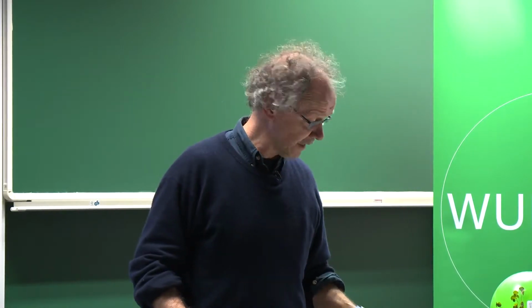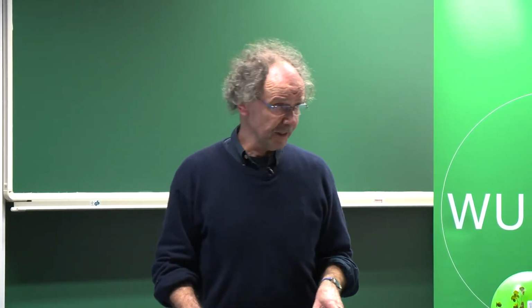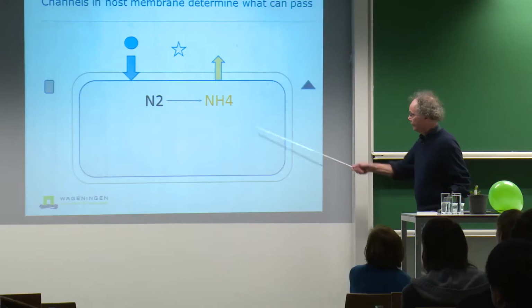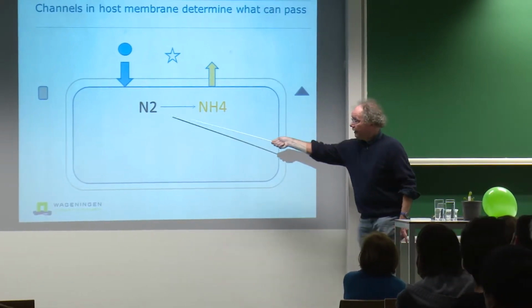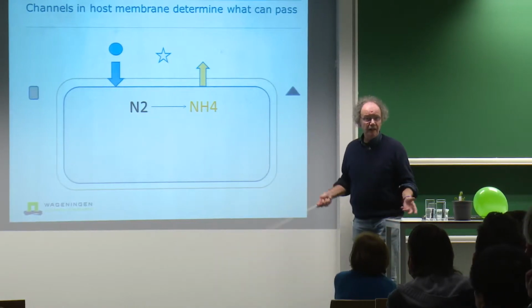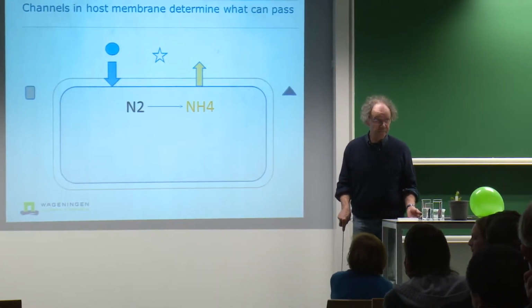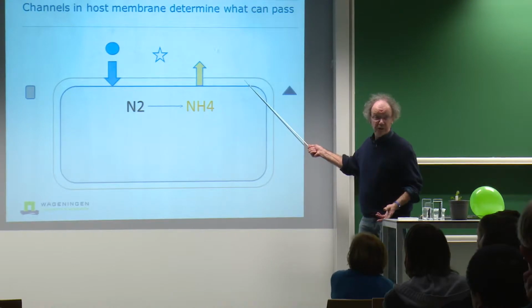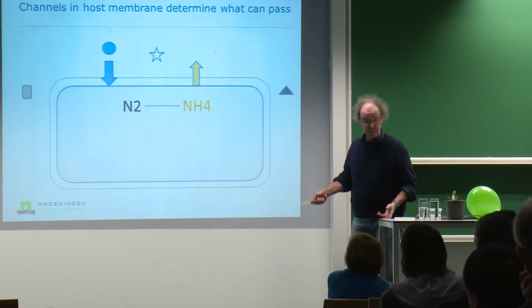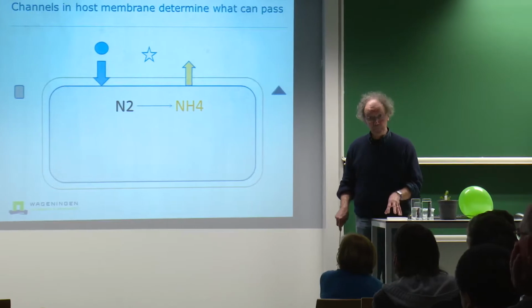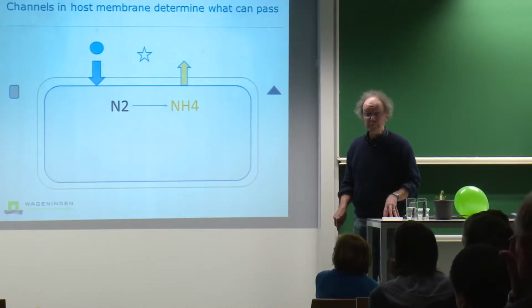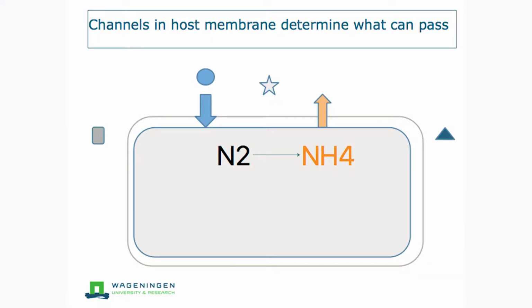Because what is the advantage? I've made a schedule of this, of just a single bacterium here. It fixes nitrogen into ammonia. But it's surrounded by a membrane of the host. That implies that almost everything that is present in the cell of the plant is not available for the bacterium, because it cannot pass this membrane.